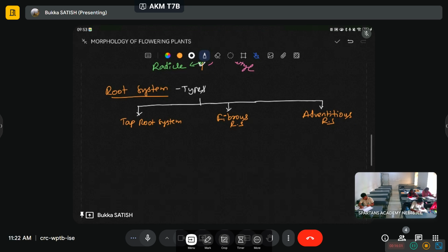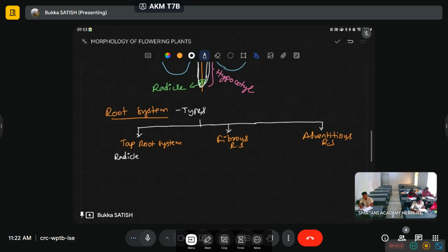So the difference among these three is this: in taproot system, what happens is the radicle will develop into the first primary root. Radicle develops into primary root. This primary root will give branching, right? It is branched.